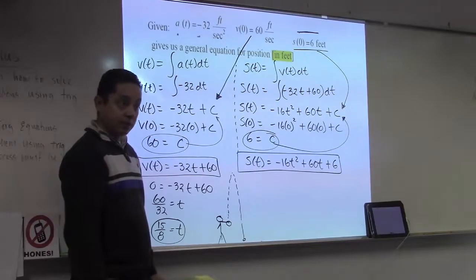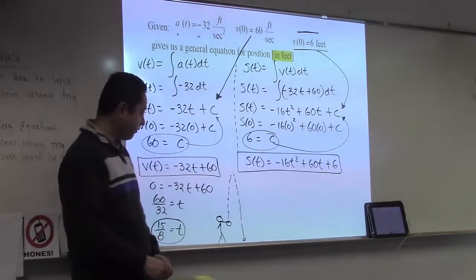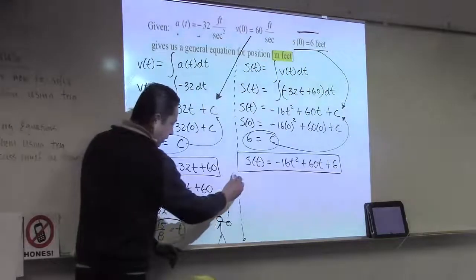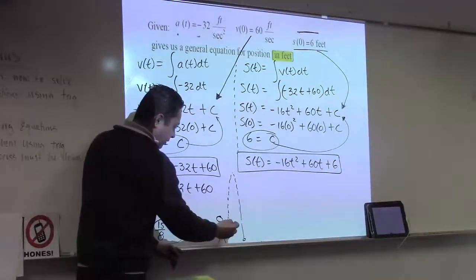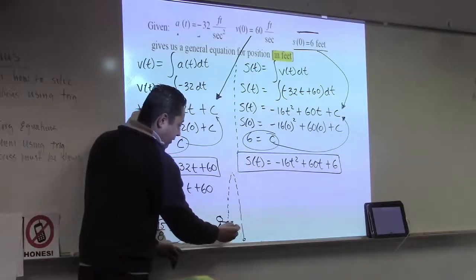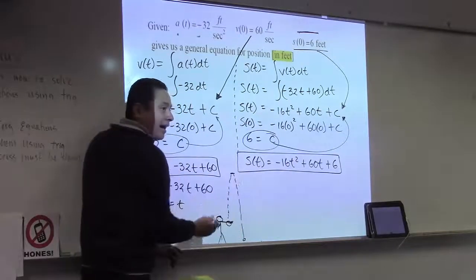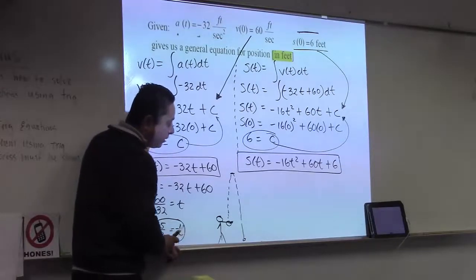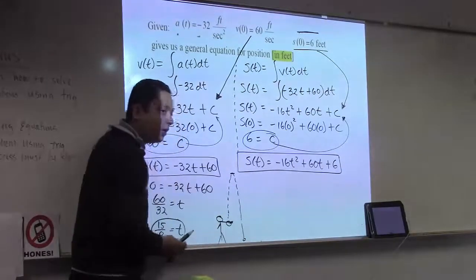at t equals 15 divided by 8. Now here's a quick question for you. Will it give me the distance from my hand all the way up to how high it goes, or will it give me the distance from the ground all the way up to the top?